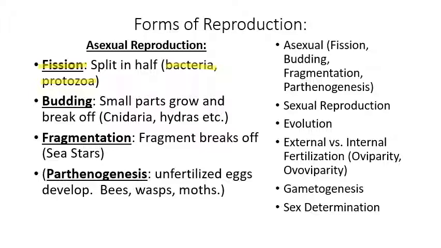Budding is a slightly more advanced way where basically a piece breaks off of the adult organism and it grows into a fully grown new organism. And again, it's an identical copy of the original. So a small part grows and breaks off, and then it continues to get bigger until it's a full-sized organism.